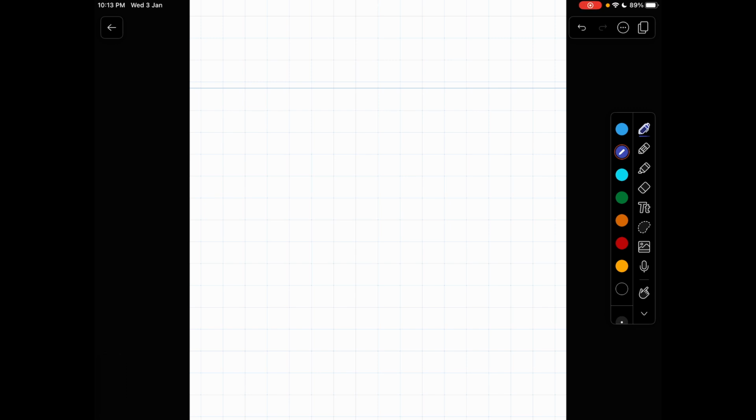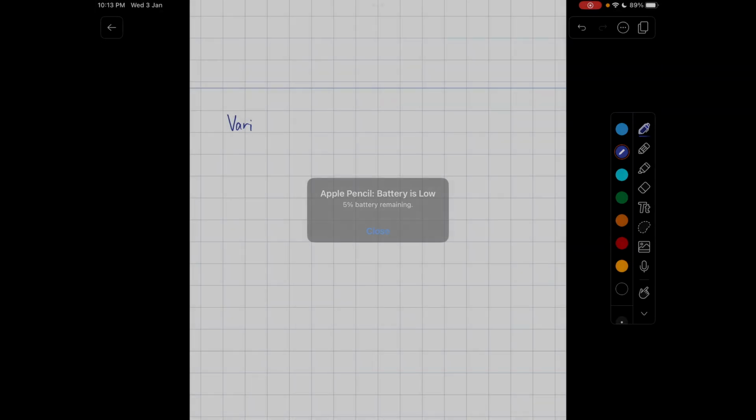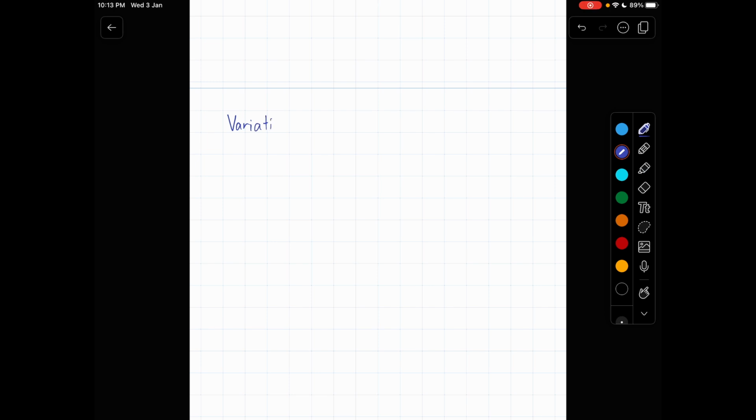So first things first, what is variation? It's important that we understand the definition of what is variation before we start dealing with the calculations part. So variation is, simply put, the relationship between two different quantities.